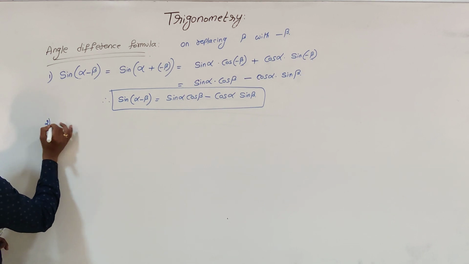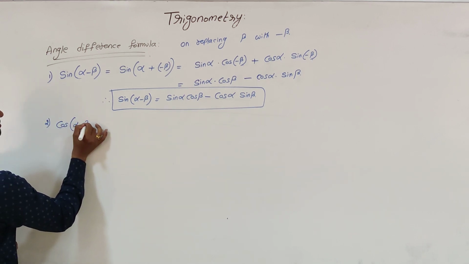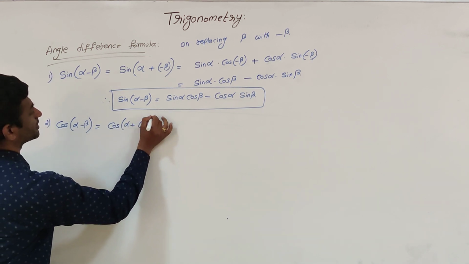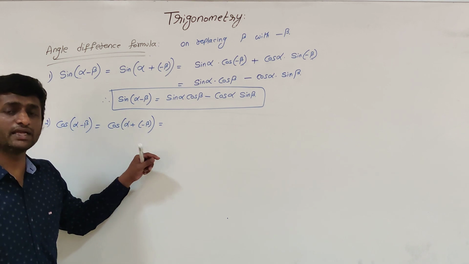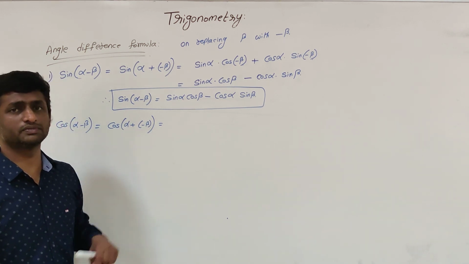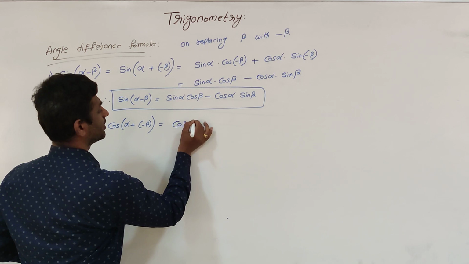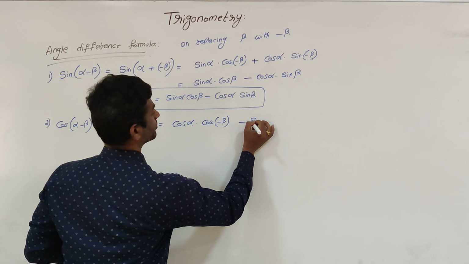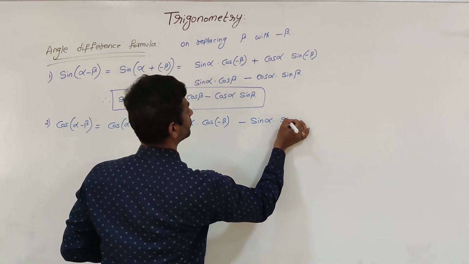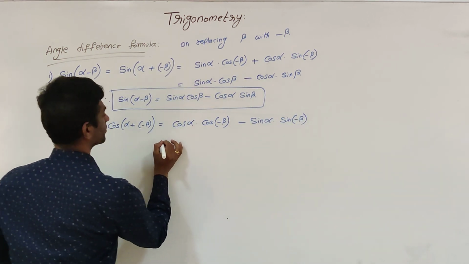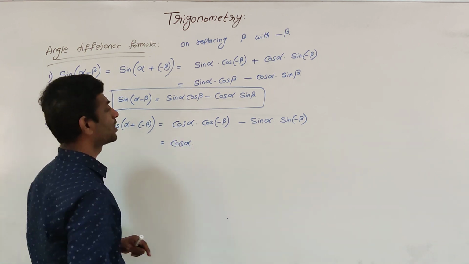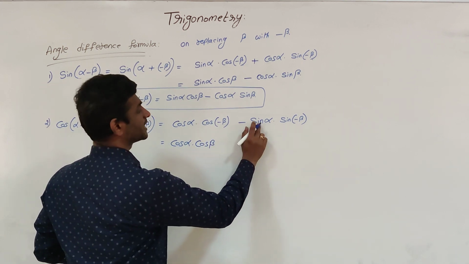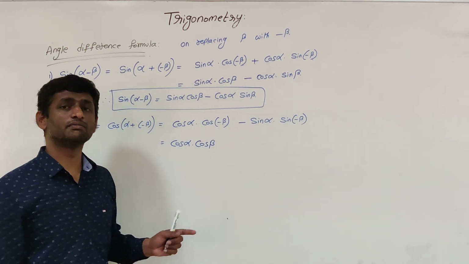Next, cos of alpha minus beta can be written as cos of alpha plus of minus beta. Now it is like the angle sum formula, cos of alpha plus beta. So it is cos alpha into cos of minus beta, minus sine alpha into sine of minus beta. Cos of minus beta is cos beta, and sine of minus beta is minus sine beta.